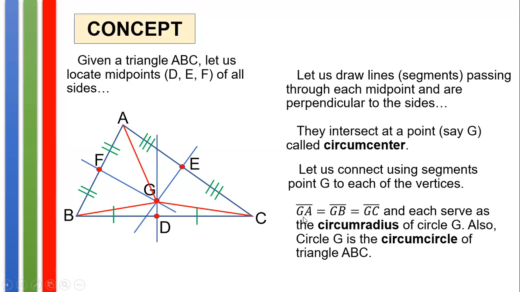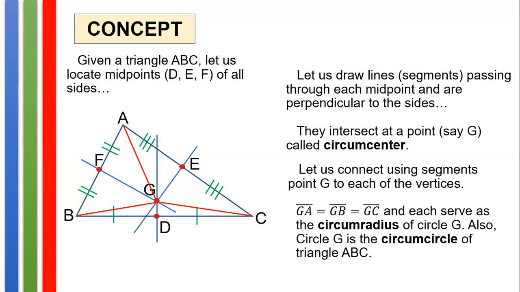That is, segment GA equals segment GB equals segment GC, and each of these three segments in red serves as the circumradius of circle G. Also, circle G is what we call the circumcircle of triangle ABC.